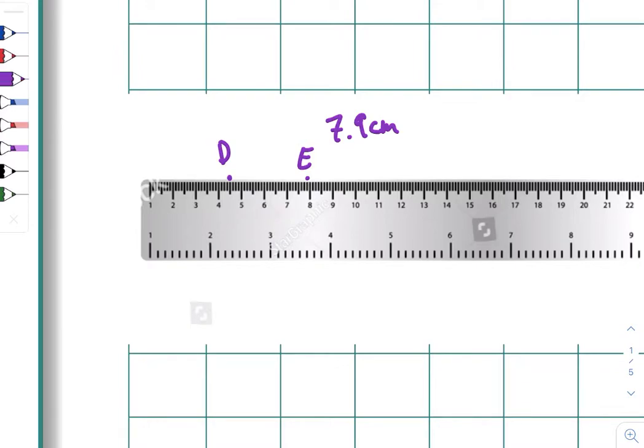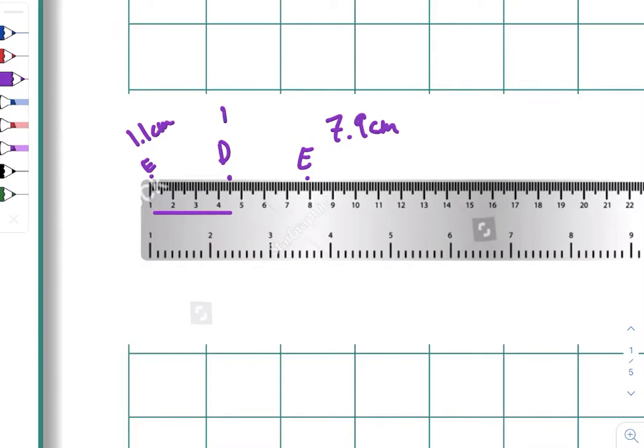I could have also gone to the left. So again, I'm going over 3.4, so I got 1, 2, 3. And then 0.4 would bring us to 1.1. All right, so let me label this as E, and that's at 1.1 centimeters.